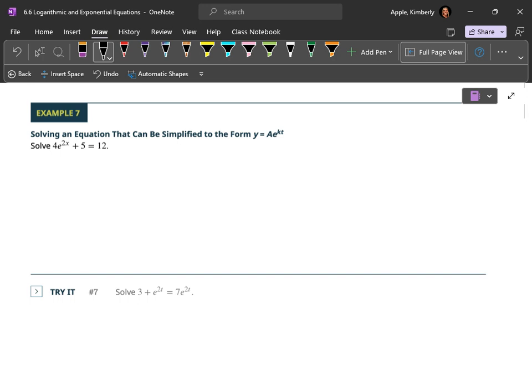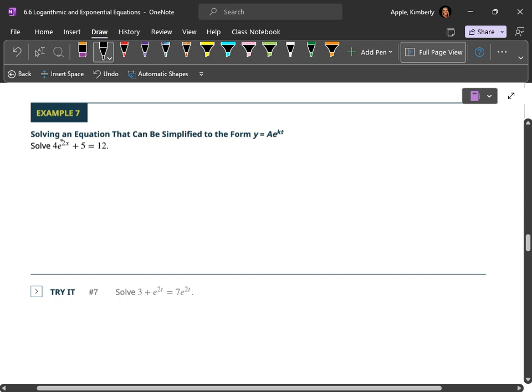The main idea is isolating the 2x. And so what we're going to do first is just the normal rules of algebra. We're going to subtract 5 from both sides, and then we're going to divide both sides by 4. Then once the exponential has been isolated, we will take the natural log of both sides and obtain 2x equals ln of 7 over 4.